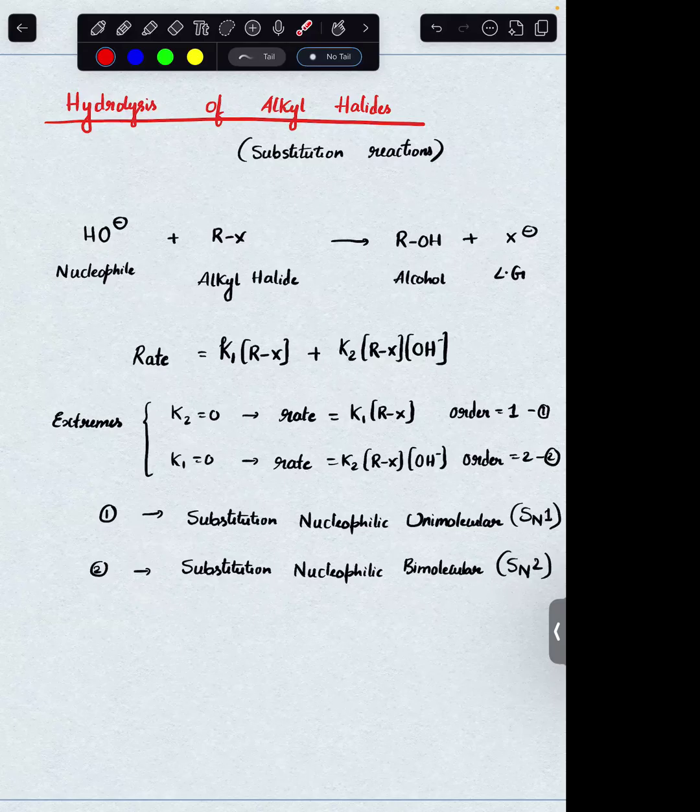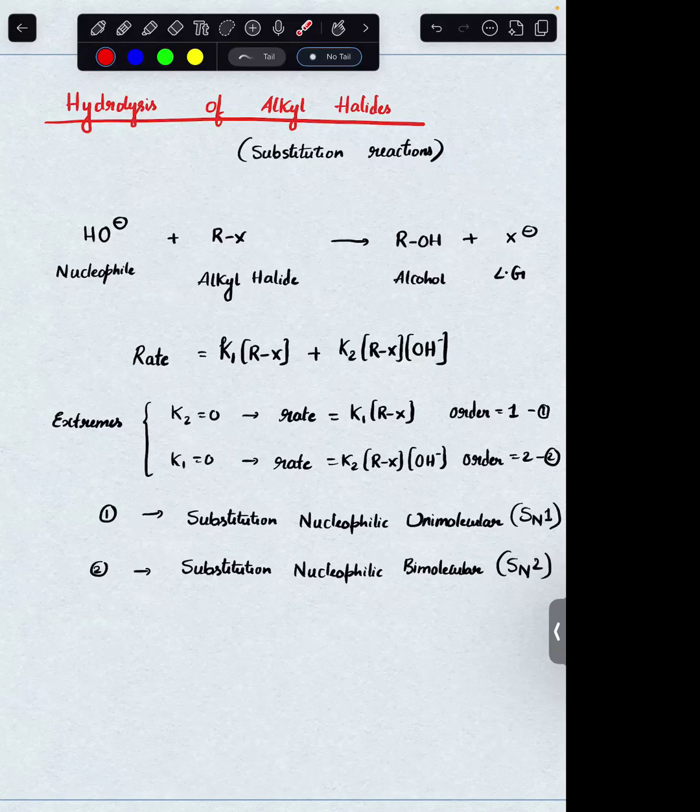Suppose they don't mention anything and they are giving some general question where you have both SN1 and SN2 happening. So they will ask what is the percentage of the product which is obtained by SN1 mechanism. What will you do? How can you do the calculation?